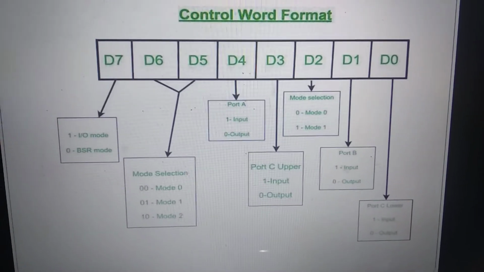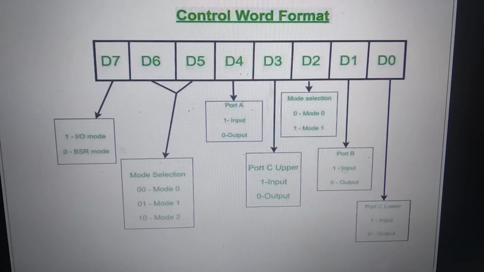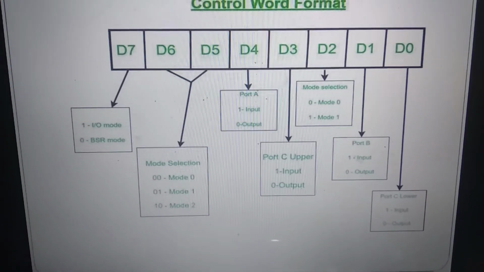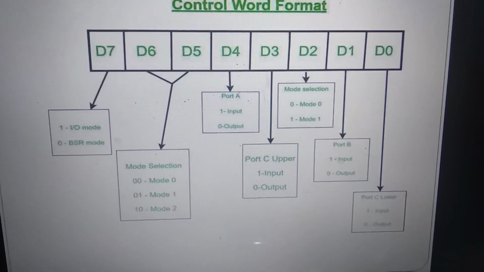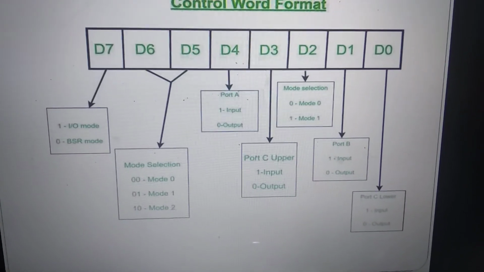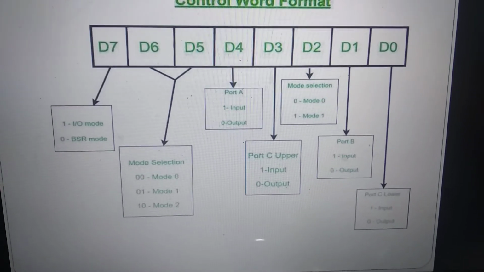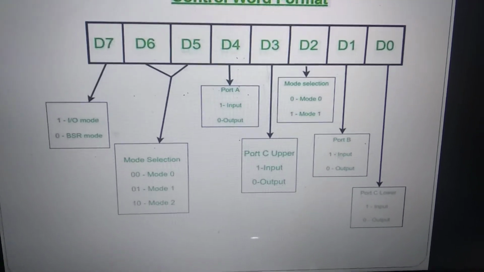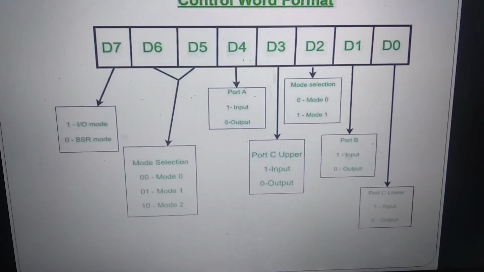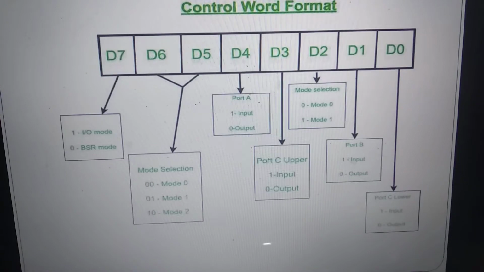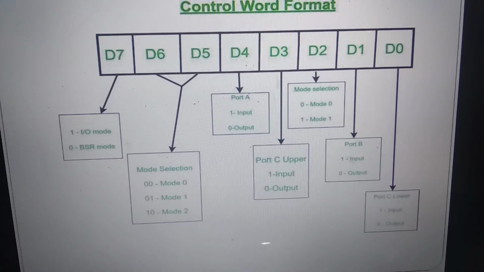So that's why two different bits are used here to configure port C upper and port C lower respectively. So D3 is for port C upper and D0 is for port C lower. For every port configuration, if it's 1, then it will be treated as an input port, and if it's 0, then it will be treated as an output port.